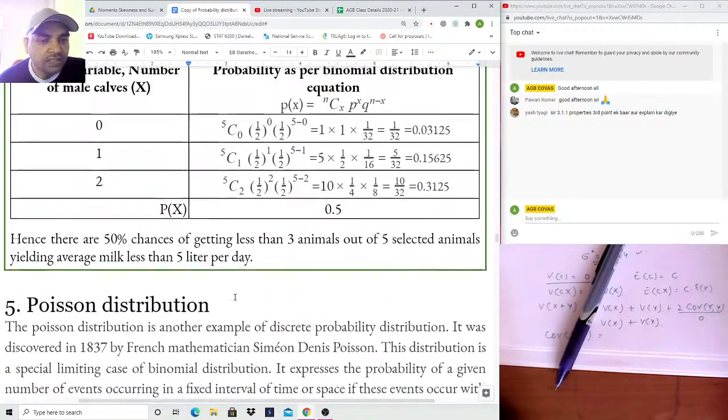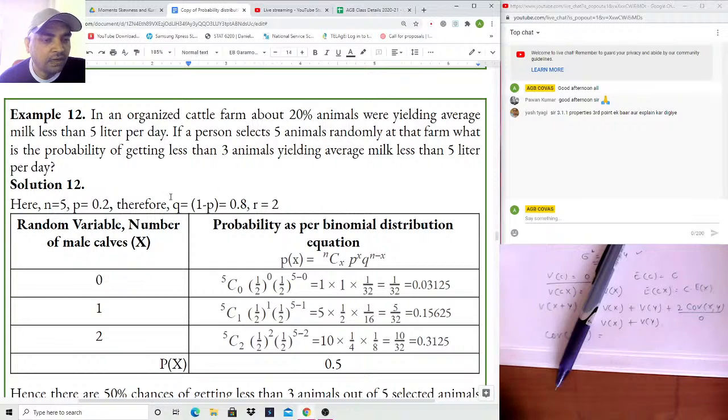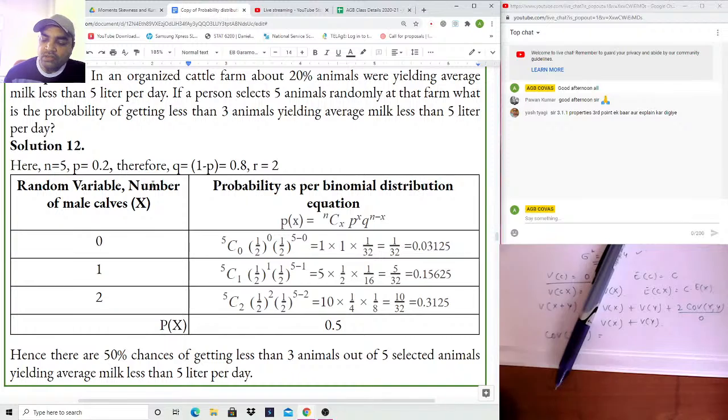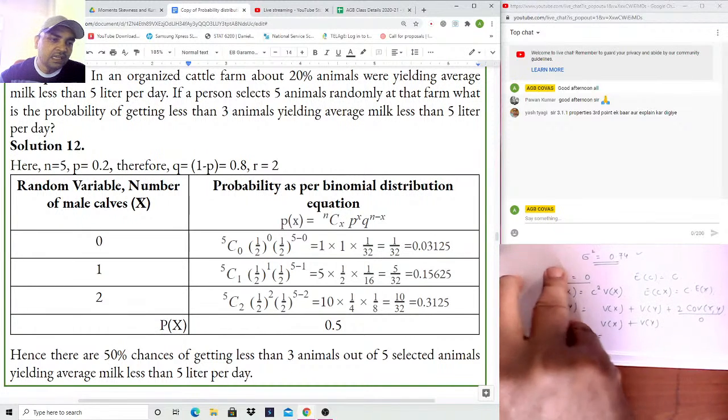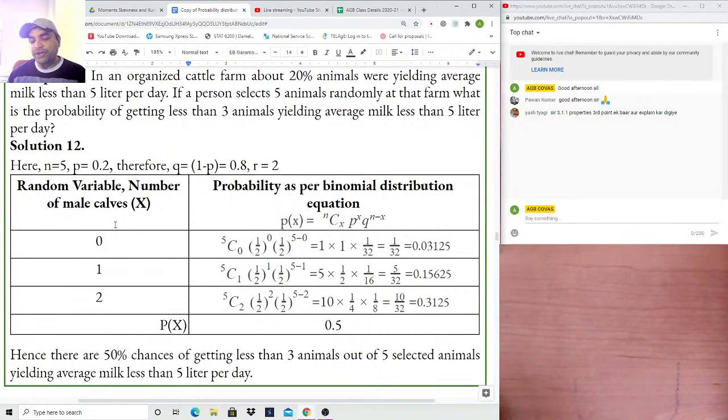Okay, then similarly there is one question to make you understand about this probability distribution. I will leave it here. So, in an organized cattle farm, about 20% of animals were yielding average milk less than 5 liters per day. If a person selects 5 animals randomly at that farm, what is the probability of getting less than 3 animals yielding average milk less than 5 liters per day? Okay, so here you will see that n is 5, p is 20%, that is 0.2.